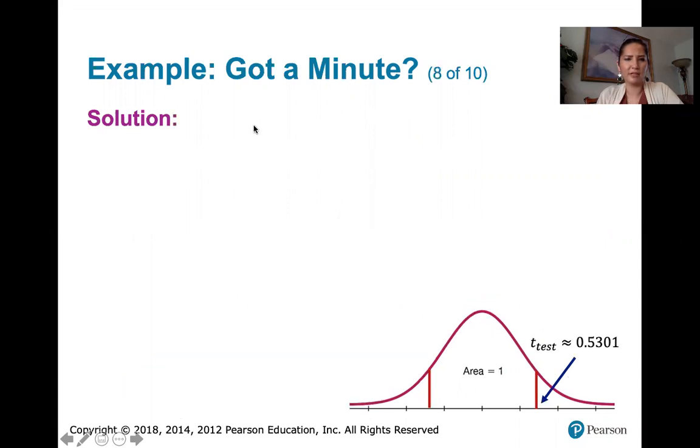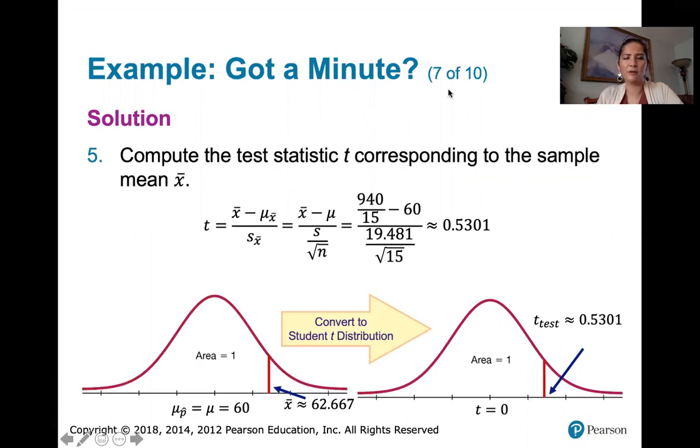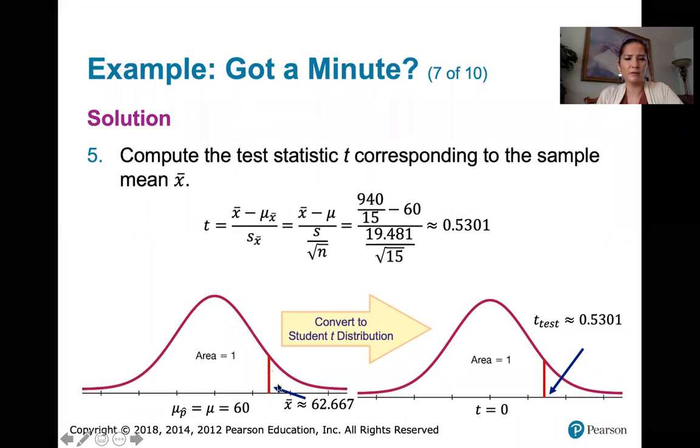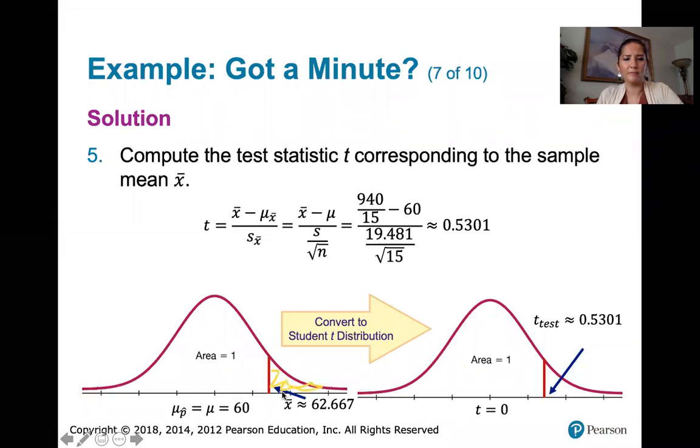This area over here, wow, it's just not working right now for some reason. There we go. This area here is the probability that X bar is equal to our X bar or more extreme than our X bar, which is equal to this area over here.